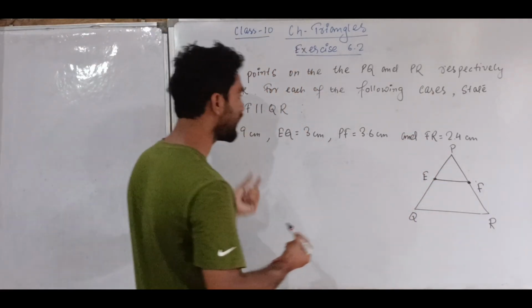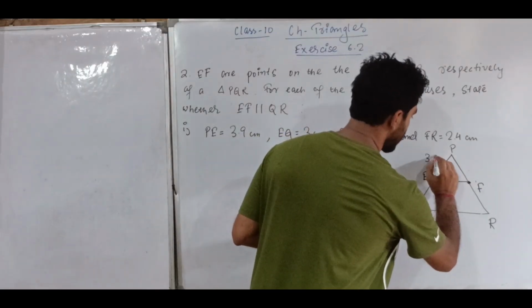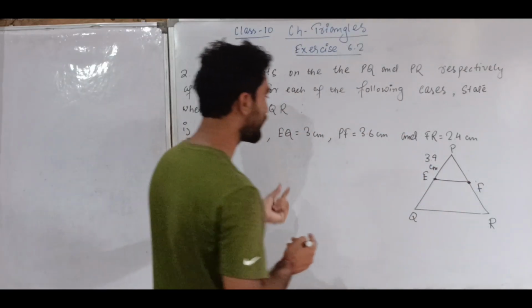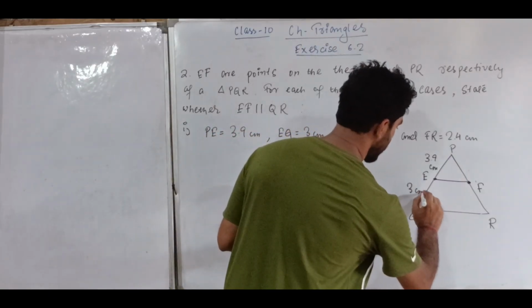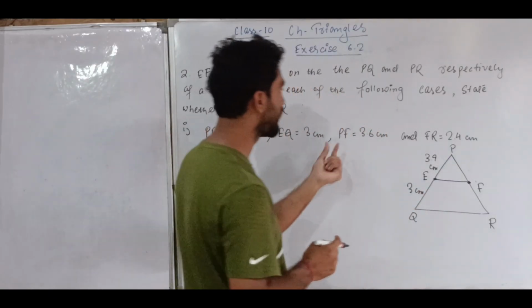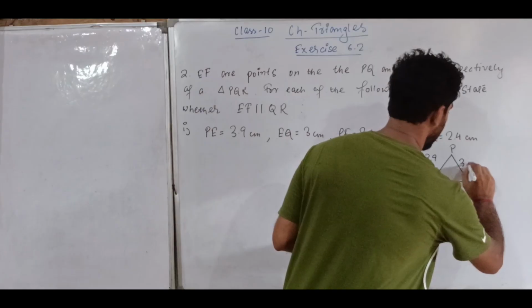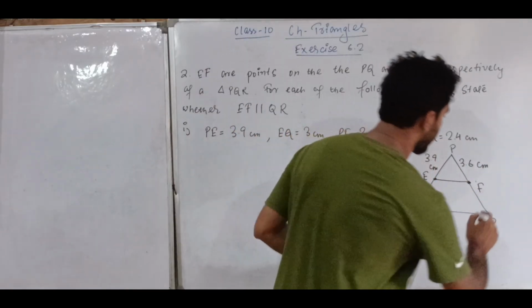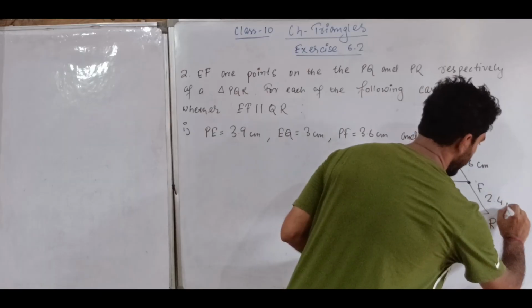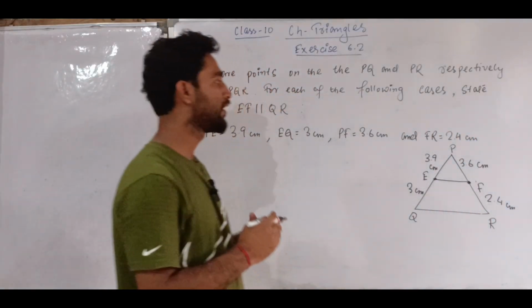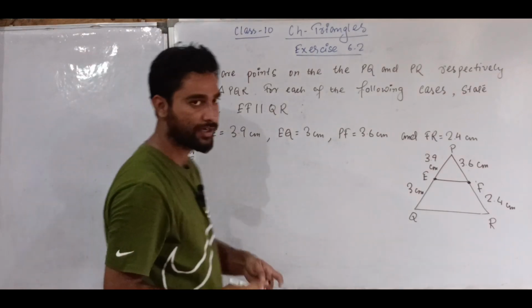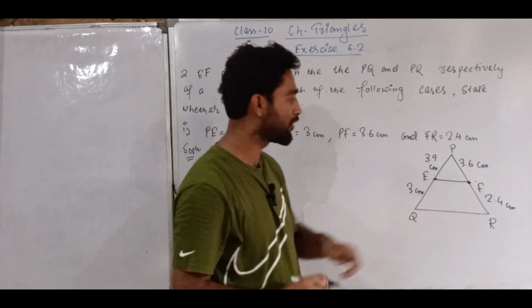So PE is given 3.9 centimeter, EQ given 3 centimeter, PF given 3.6 centimeter, and FR given 2.4 centimeter. So to solve this question, how can we check that this EF is parallel to QR?